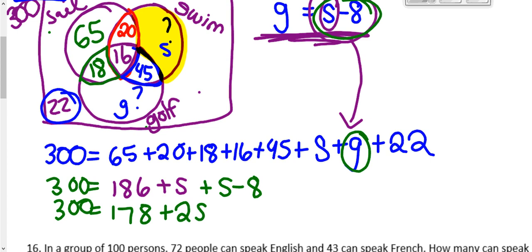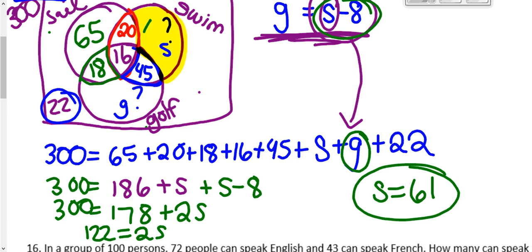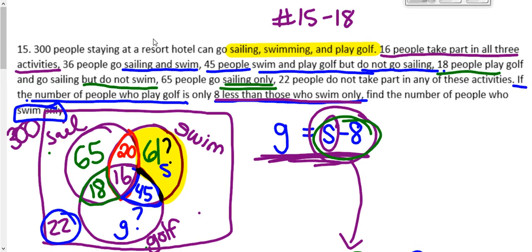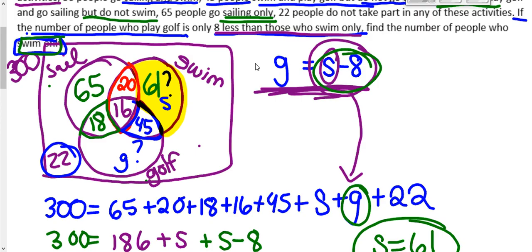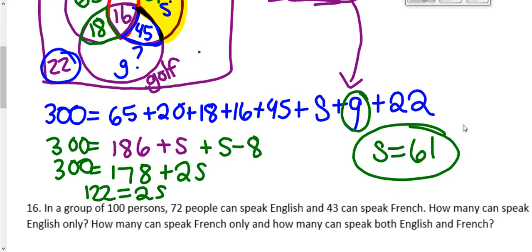Then we have 300 minus 178 is 122 equals 2S. So then we divide that by 2, and S is 61. So the number of people who swim only, let's make sure that we did the right one. This S goes in swim only, and that's what they were asking us for. So that's our answer, 61.